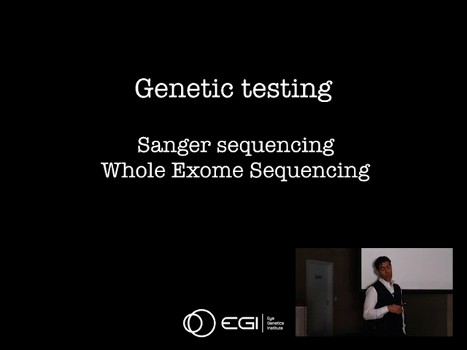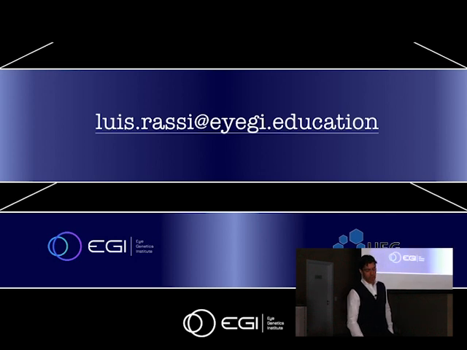But there are many details in whole exome sequencing, many little things that we have to pay attention to, such as false positives and false negatives, before saying that the patient has that diagnosis or not. It's something we have to look at carefully in the next lecture.